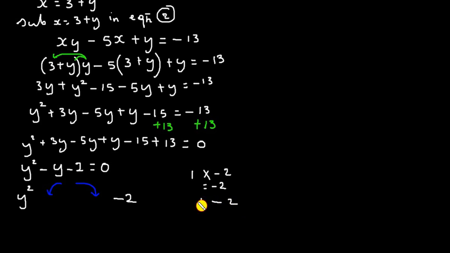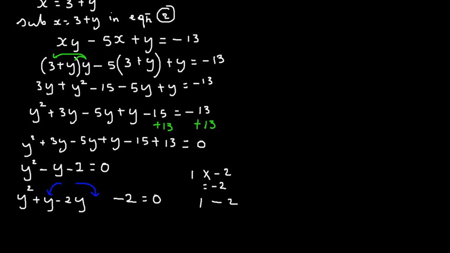And these numbers that you're seeing here, 1 and minus 2, represent the coefficients of y. So when we are writing this, we simply write plus y minus 2y, and then we have the minus 2 equal 0.